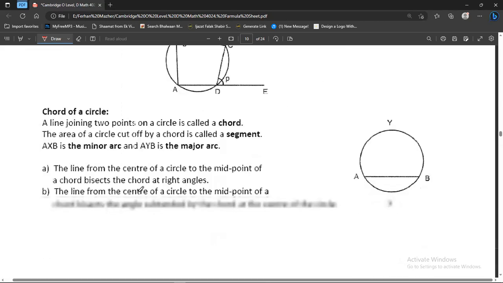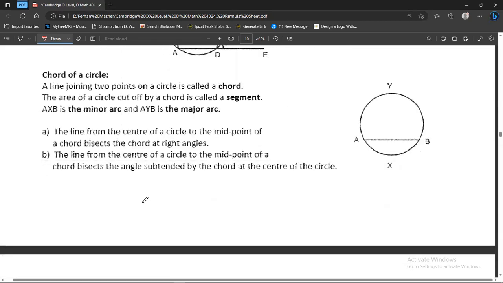Remember this thing. Chord of a circle: a line joining two points on a circle is called a chord. The area of a circle cut off by a chord is called a segment. So this is a segment and this is another segment. This is a major segment, this is a minor segment. AXB is the minor arc and AYB is the major arc.